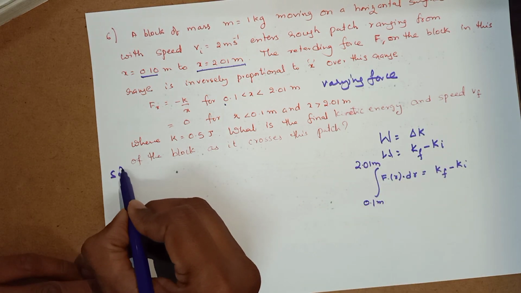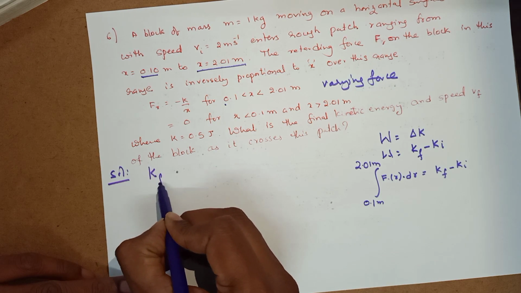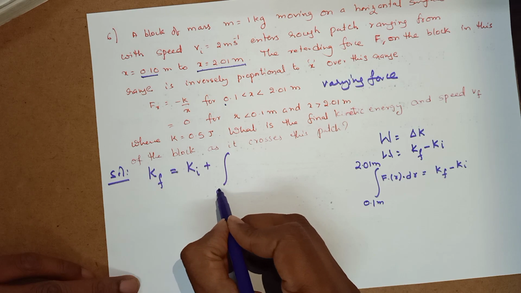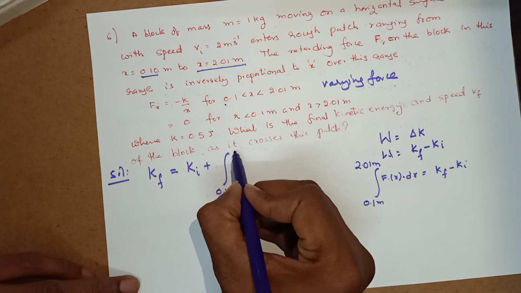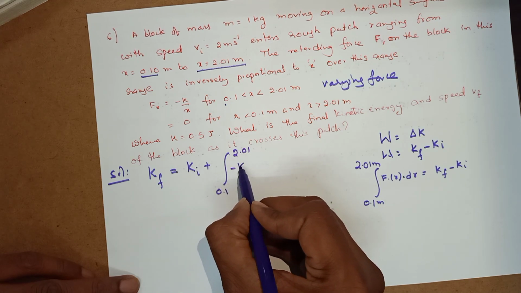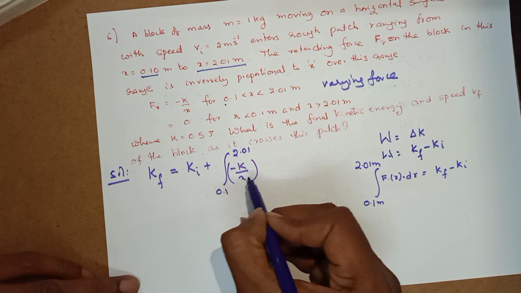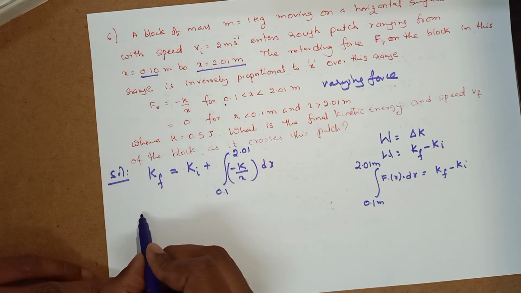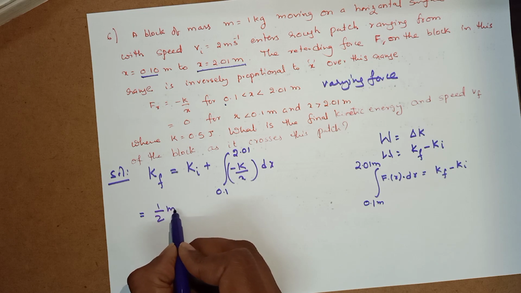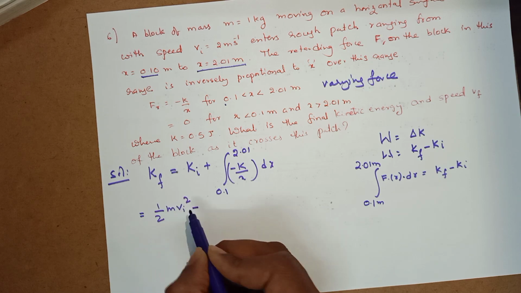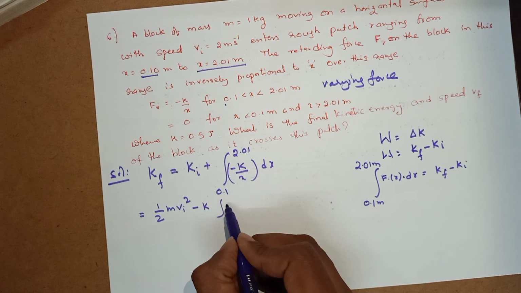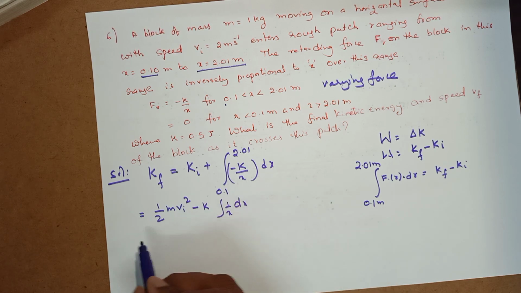So how to calculate final kinetic energy? K final is equal to K initial plus integral from 0.1 to 2.01 of minus k by x dx. So this is half m vi square minus k integration of 1 by x dx.